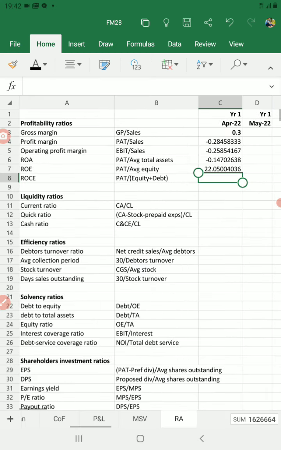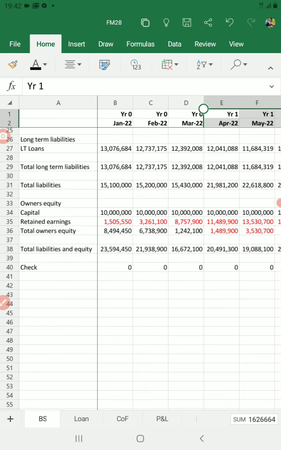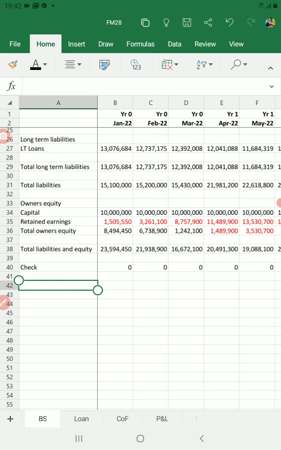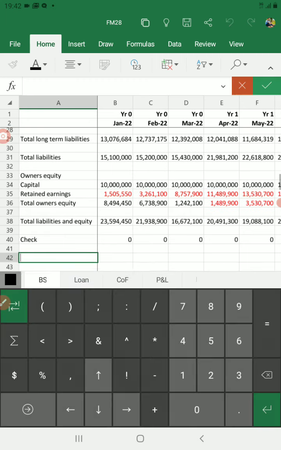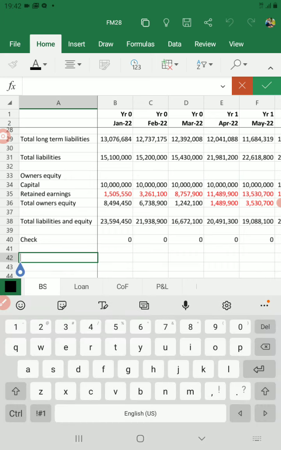Okay, let me repeat. First, to simplify the matter for our computation, let us establish the equity plus debt figure in our balance sheet here. So I can put that figure here. Capital employed.